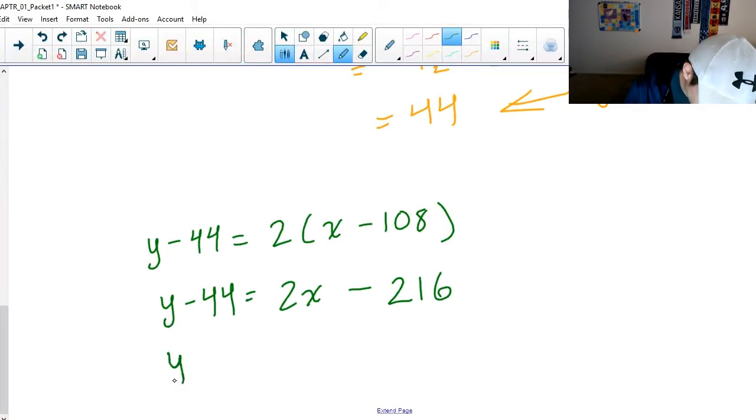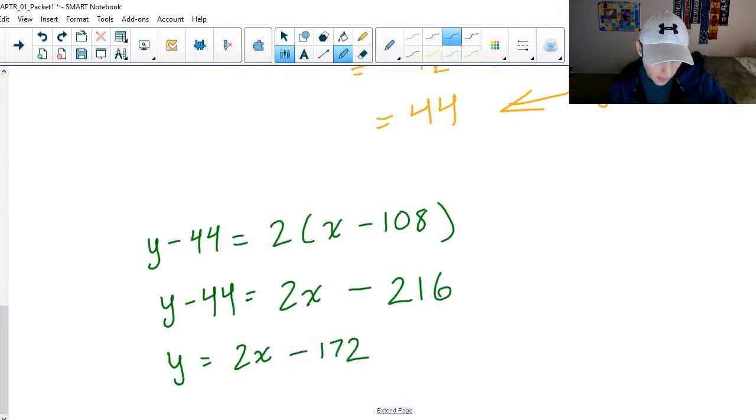Then add 44 to both sides, so y equals 2x minus 172. Double check.